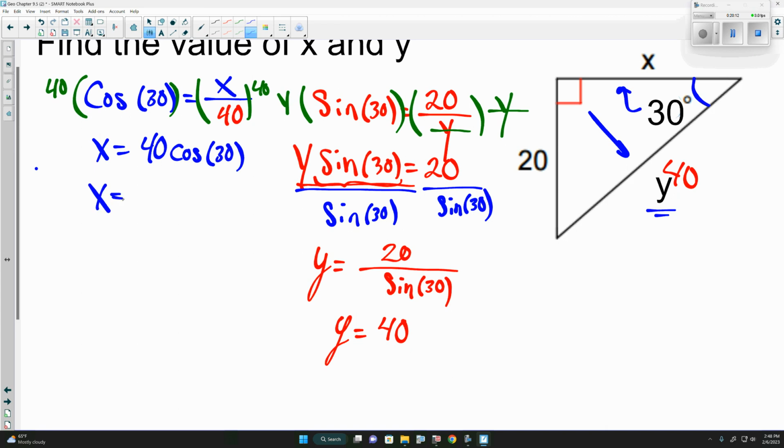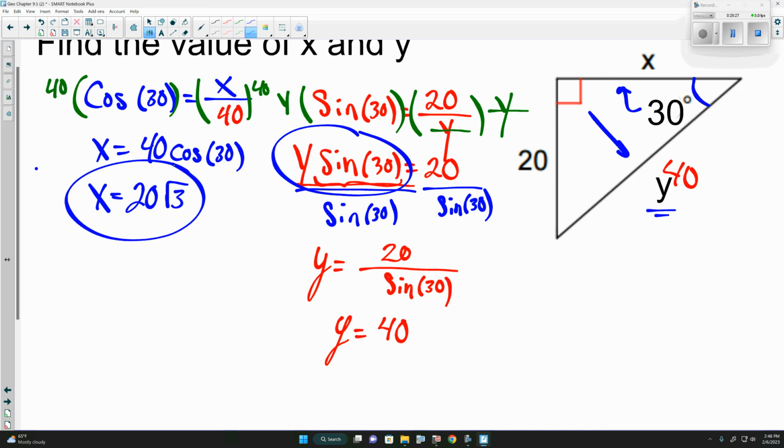Yes. Now, we can plug it in at this point because the variable is by itself. The other one we had to divide by sine because here y was not by itself. And that's it. That's all we have to do for these here.